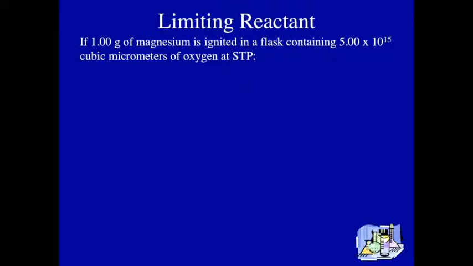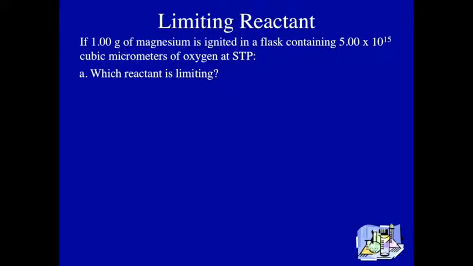Now, this one I thought was particularly tough, not for the equation, not for the concept, but because this was a tricky problem that included some unit conversions. The question first is, which reactant is limiting?